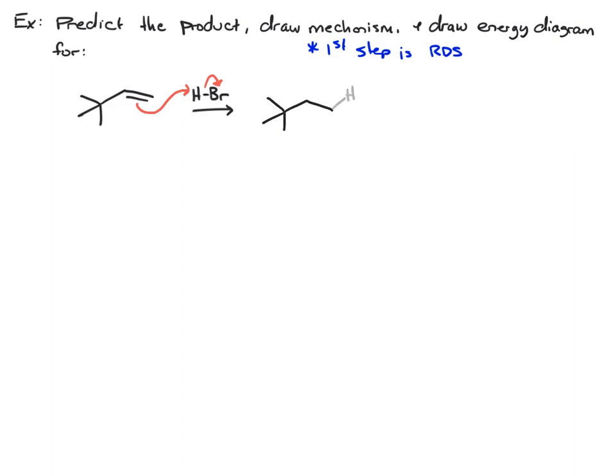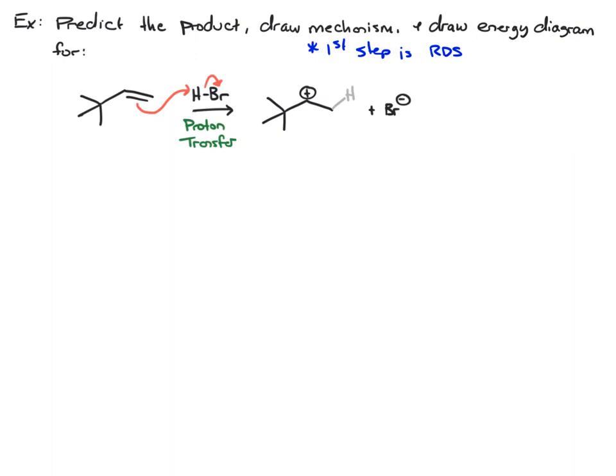I'm going to draw that in gray, and I probably won't include it in the next step. I'll just leave it implied. And then the carbocation goes right here. So again, this is the proton transfer. And even though we don't use it in this particular step, it's a good idea to go ahead and draw the bromide ion.